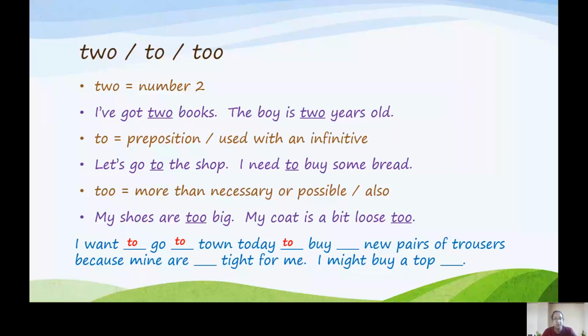So "to". To buy two new pairs of trousers. Well, that's got to be a number, so T-W-O. Because mine are too tight for me. More than necessary. So that's T-O-O. I might buy a top too. In addition, or also. So T-O-O.